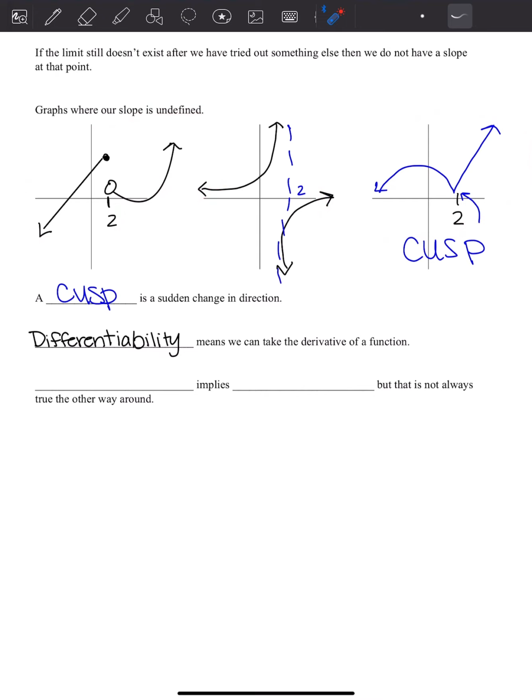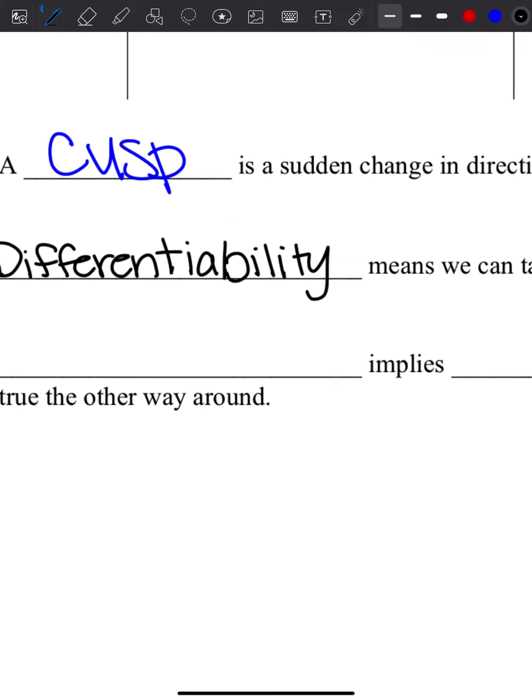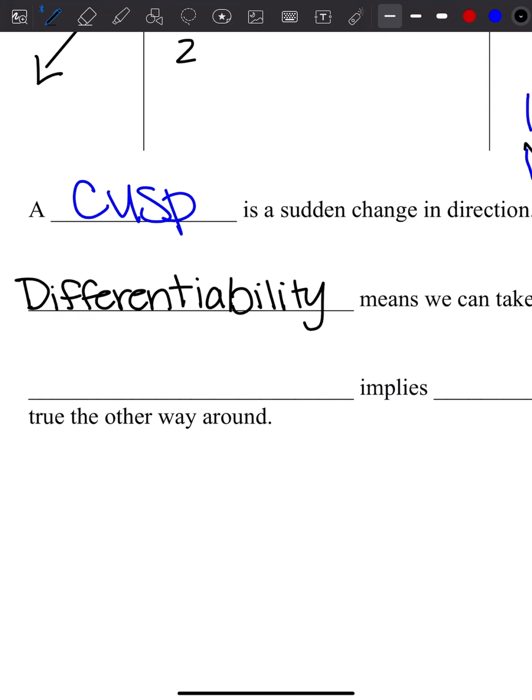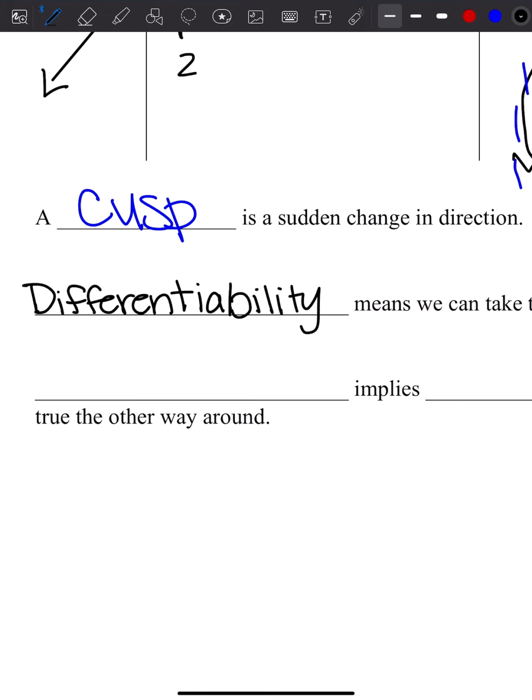They cause some issues, or they cause a cusp, which means we can't take the derivative overall. So functions like absolute values, we don't have a way to take a derivative of it without having to really, really dissect it. So the other thing that we need to talk about is that differentiability implies continuity.